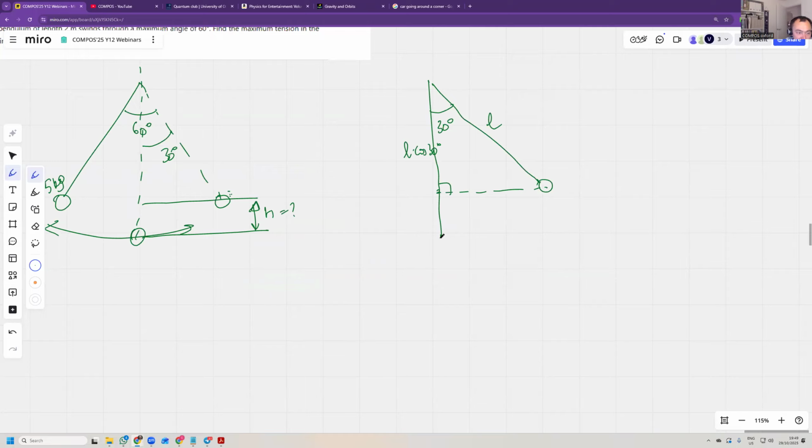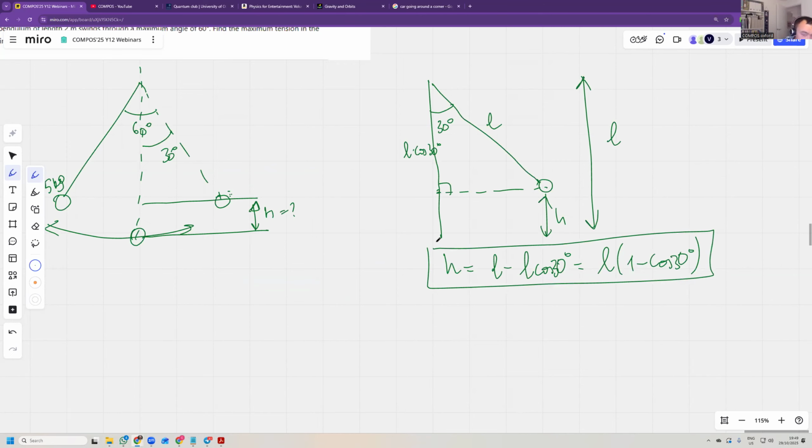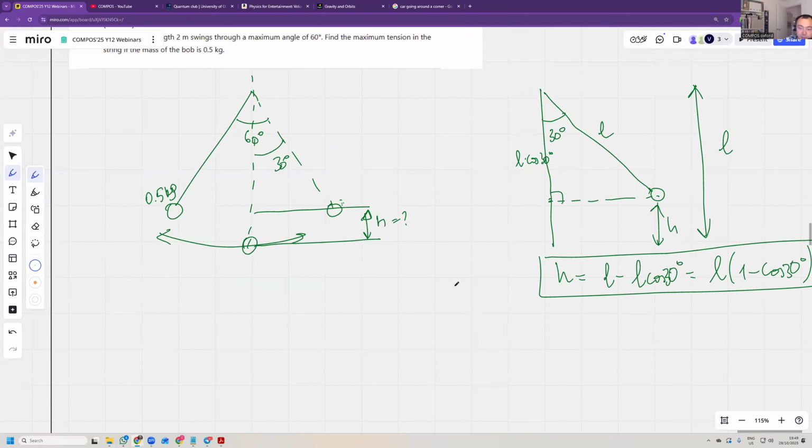And because the whole height is L, then this small change, H, is L minus L cos 30, which is L(1 minus cos 30). It's a very useful expression. You will use it a lot in this assignment as well.